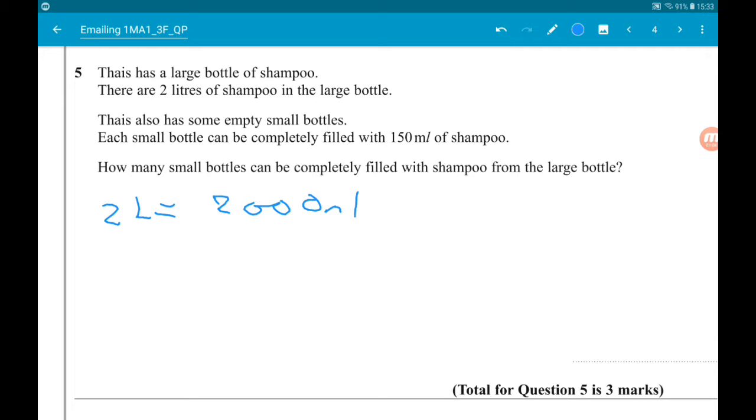Now what we need to know then is how many whole lots of 150 are in 2,000. So we do 2,000 divided by 150, and that gives us 13.3 recurring.